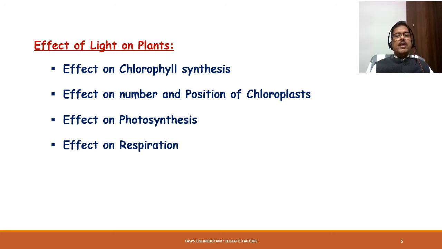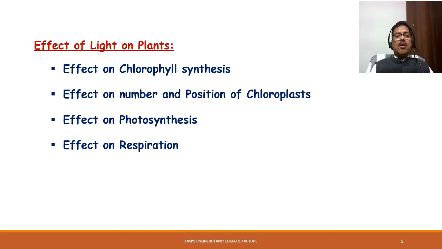Now, the effect of light on plants. The effect on chlorophyll synthesis: the synthesis of chlorophyll in green plants can take place only in the presence of light. It is seen that if a plant is kept in prolonged darkness, the chlorophyll amount practically disappears.